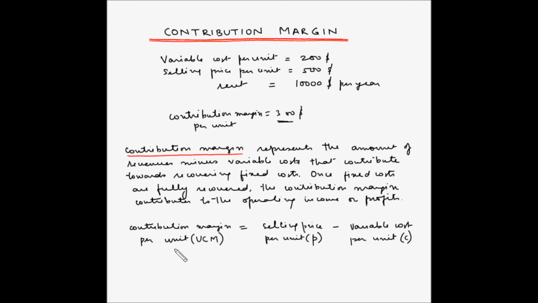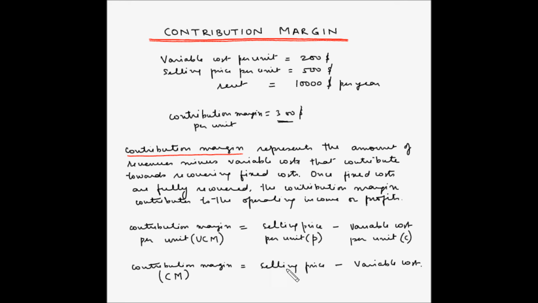Now this is for the unit contribution margin, and the same concept applies to the total contribution margin. So contribution margin is equal to the total selling price minus the total variable cost, or in other terms, this is CM.